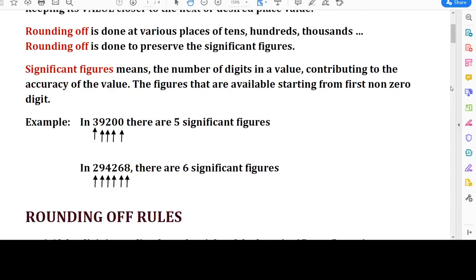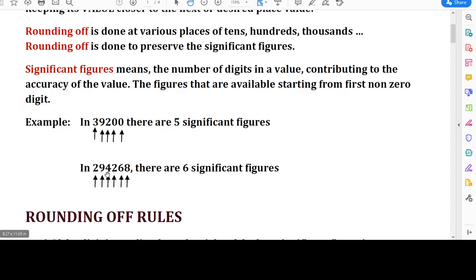In 39200 there are 5 significant figures because the first number starts from 3, which is non-zero. So from here we count 1, 2, 3, 4, 5. So it has 5 significant figures.